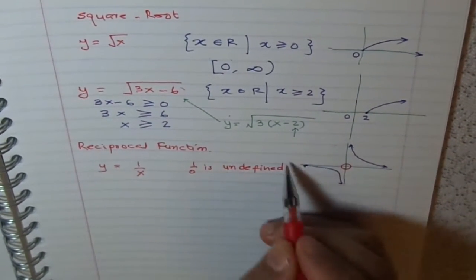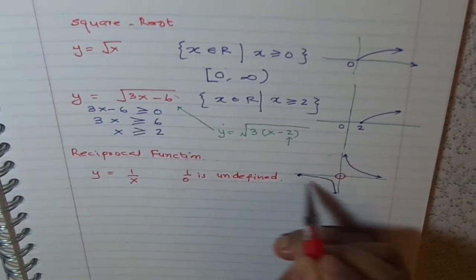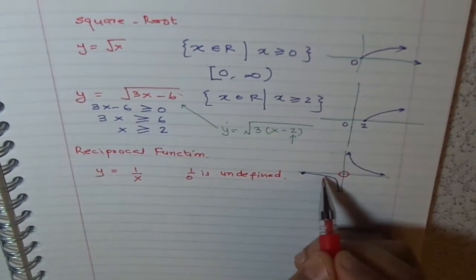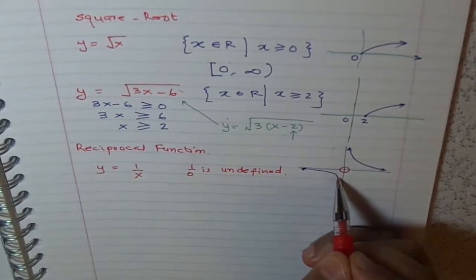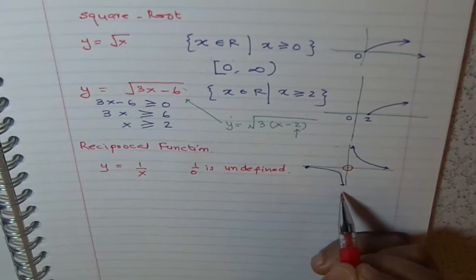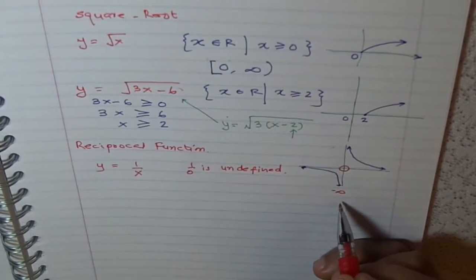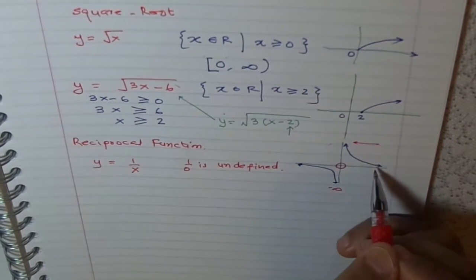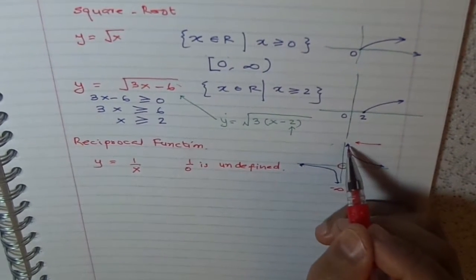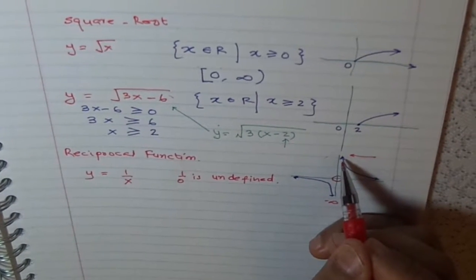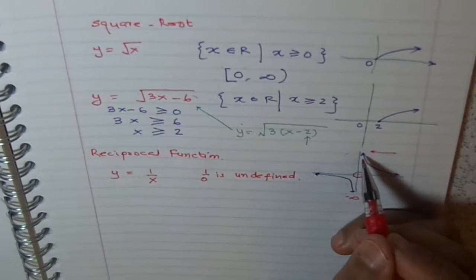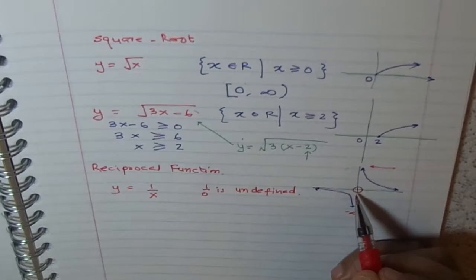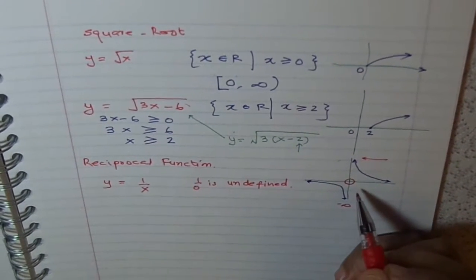As the function approaches 0, you can see if we are approaching from the negative side, as the function is approaching 0, the value decreases unbounded. It approaches minus infinity. As you approach 0 from the positive side, the value increases unbounded to positive infinity. So it never reaches a particular value. We say at 0, the function is undefined.